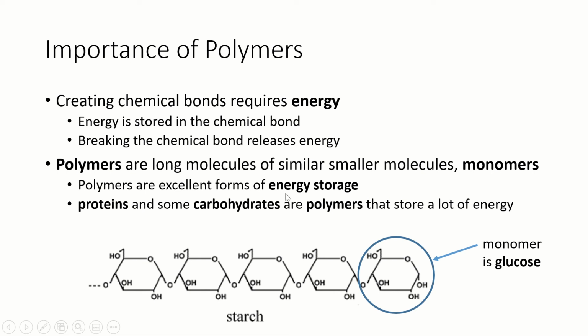The cool thing about polymers is because there are all these chemical bonds within the polymer, they store a lot of energy, because remember, every chemical bond stores energy. The reason that evolution has shaped us to like foods that are high in starch is because starch has lots of readily available energy in these chemical bonds, and that our bodies directly use glucose to make energy in our cells.